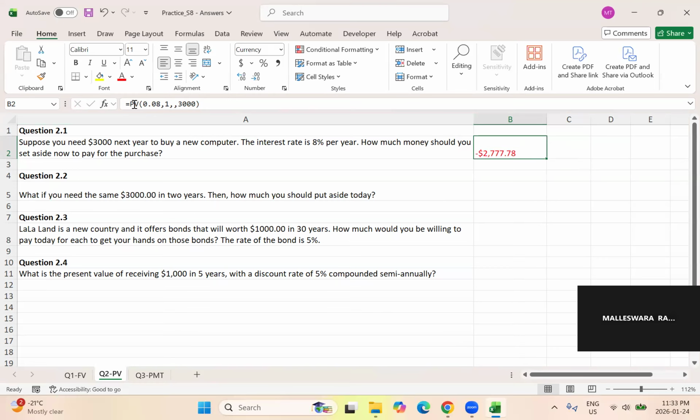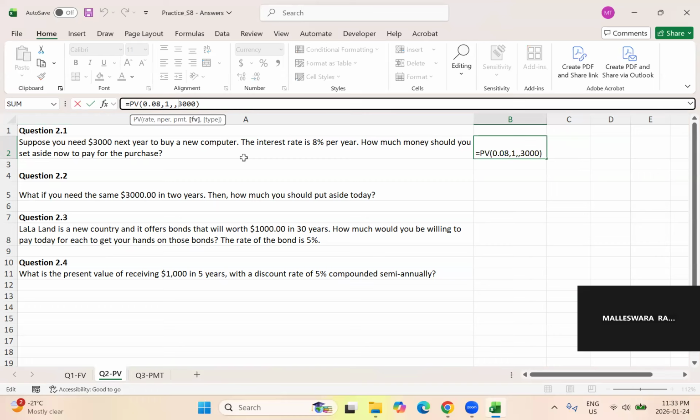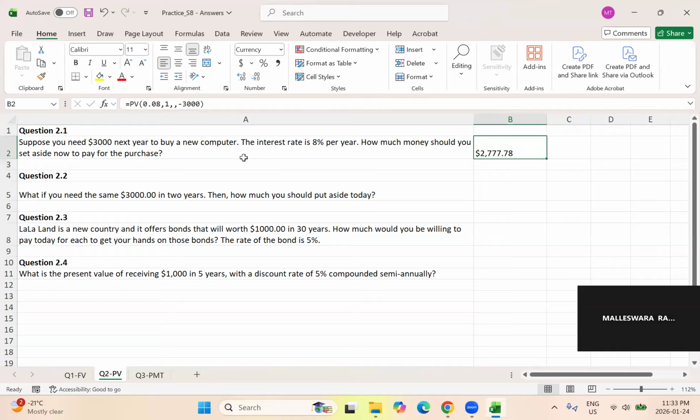I can put everything into a negative sign, or money you are paying, put negative here. So that means you're investing today, so you're going to receive. I can put minus here or at the beginning. It doesn't really matter how you put that. That's what you need to invest today to get 3,000 next year.